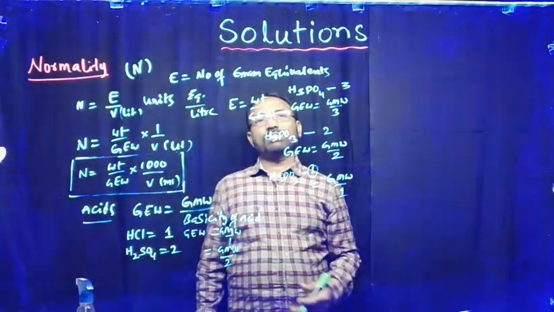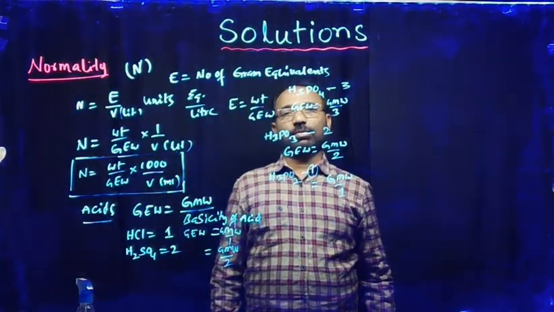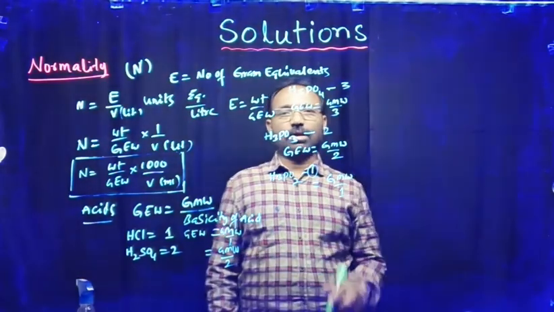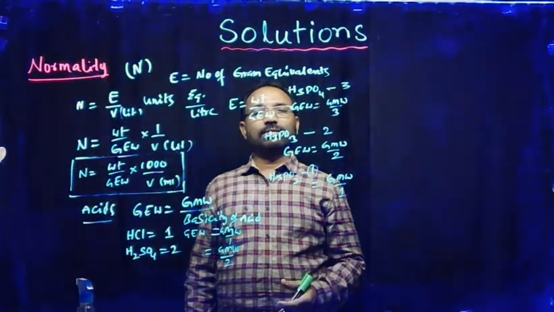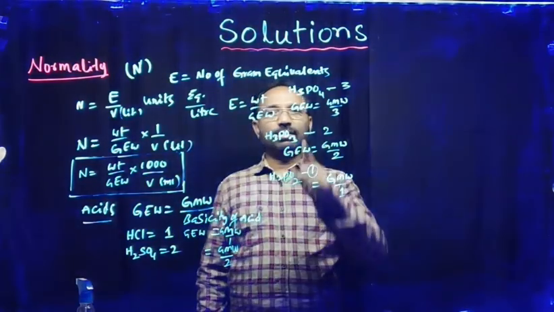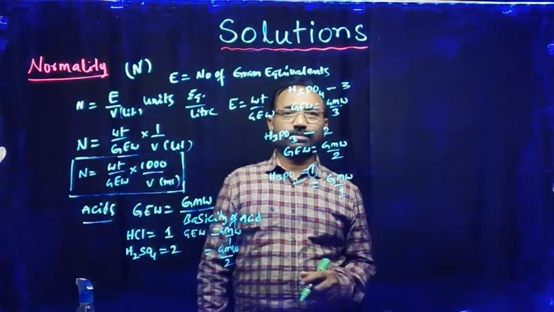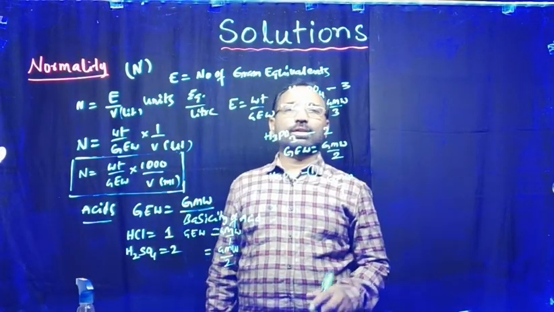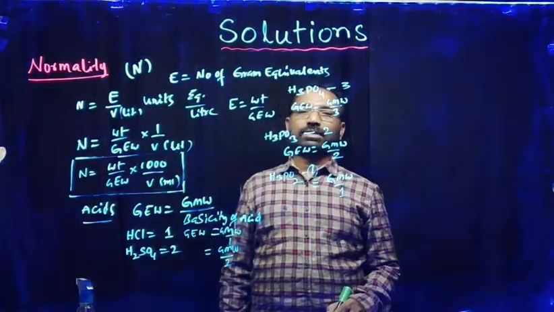If you observe H3PO4, H3PO3 and H3PO2, phosphoric acid, phosphorous acid, hypophosphorous acid, all three acids contain 3 hydrogen atoms in their formula. But in case of H3PO4, the basicity is 3. In case of H3PO3, basicity is 2.